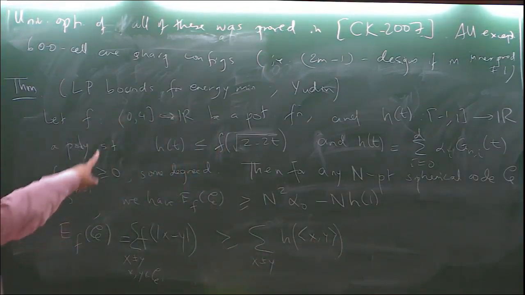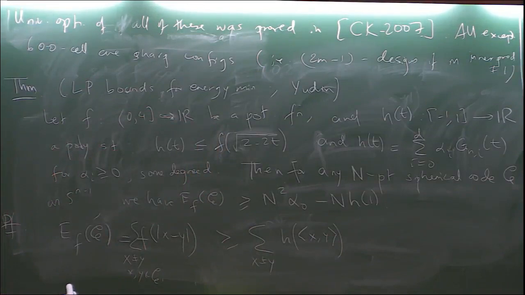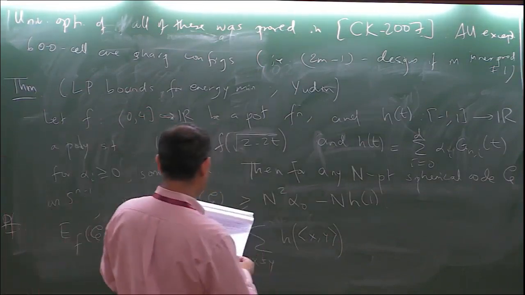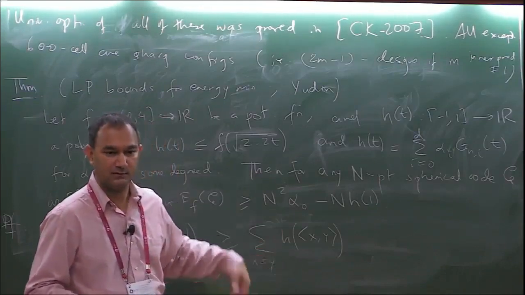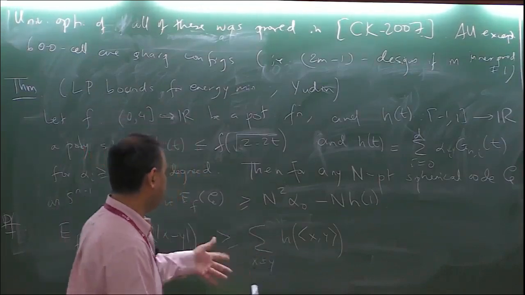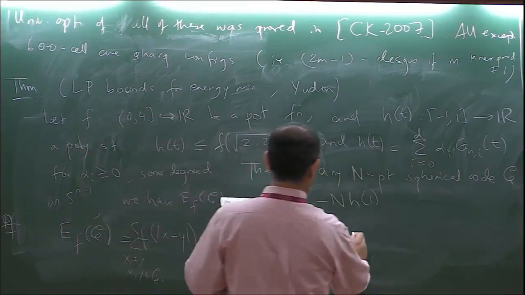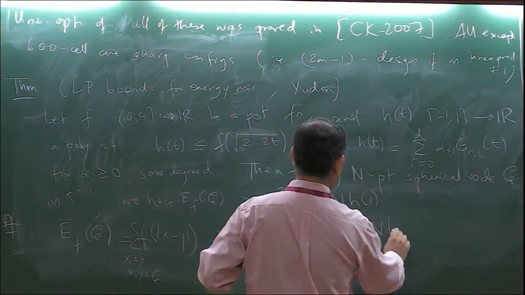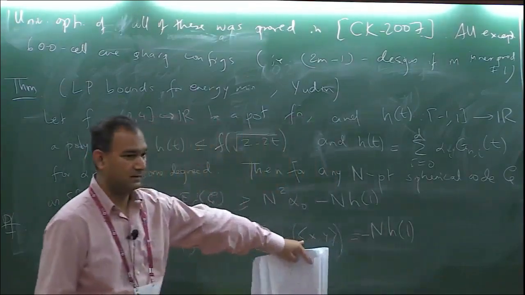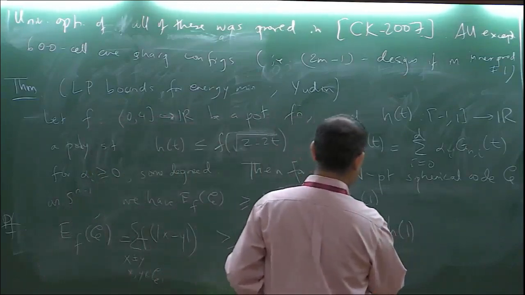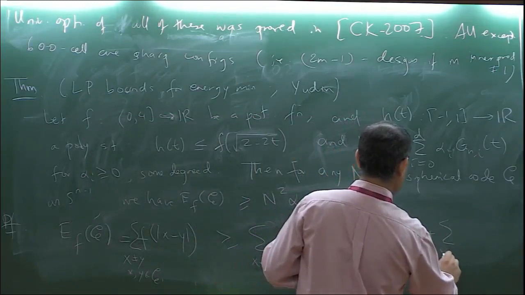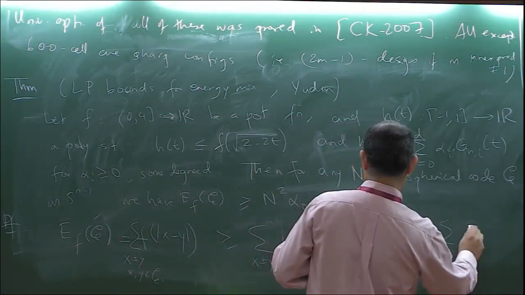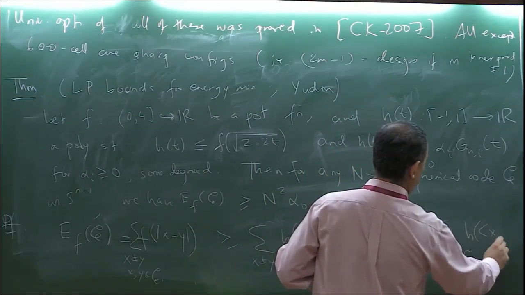Okay, that's because h lies below f. So this is over x not equal to y, but let's add in the x equals y term and then complete the sum over all x, y in C. So I'm going to write this as minus n h of 1. That's the diagonal. And then plus, that's what I don't have, so I'm going to add it back in, plus the sum over x, y in C of h of xy.